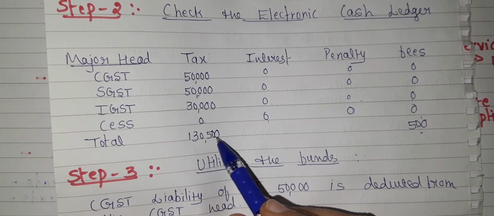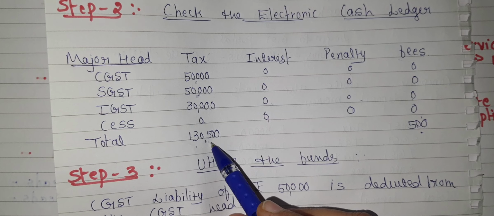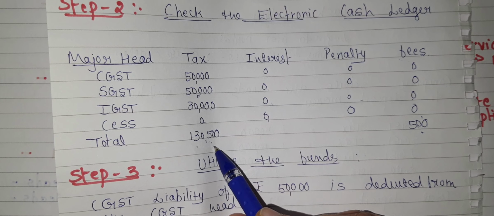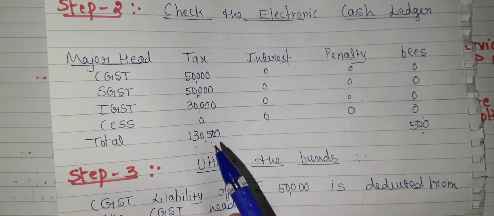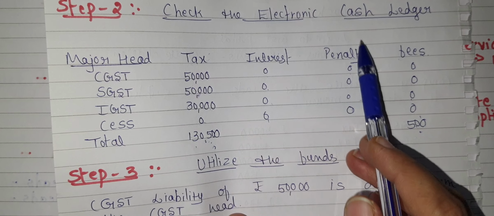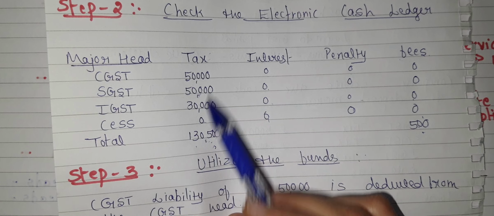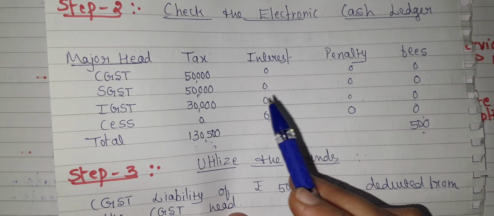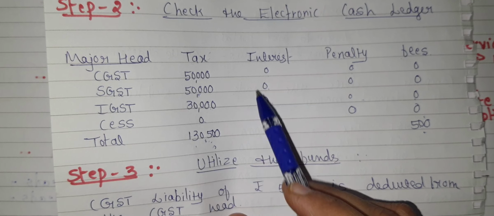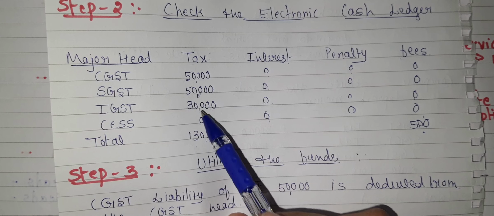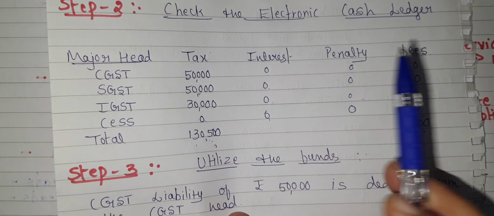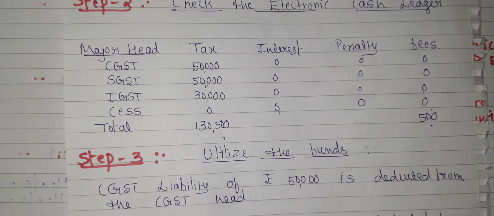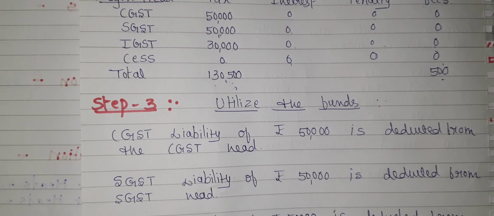So, total deposit is rupees 1,30,500. These are the balances after depositing. Now, step three, that is, utilize the funds.